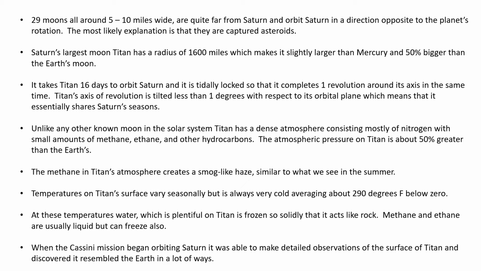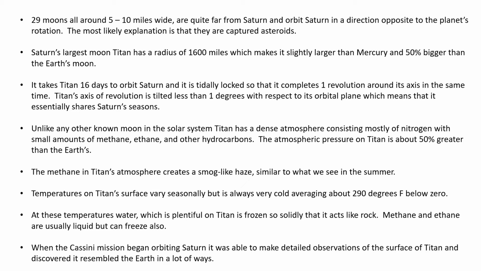Saturn's largest moon, Titan, has a radius of 1,600 miles, which makes it slightly larger than Mercury and 50% larger than our own moon. It takes Titan 16 days to orbit Saturn, and it's tidally locked so that it completes one revolution around its axis in the same time.